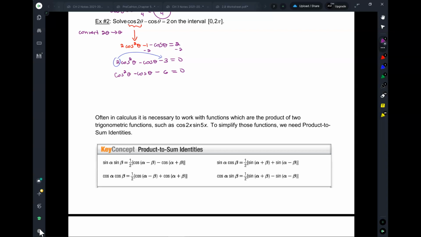Now, if you factor this, just leave some room in the front of this parentheses here. So it's going to be cosine minus 3 plus 2, right? But because we took away a 2, you have to add the 2 back.